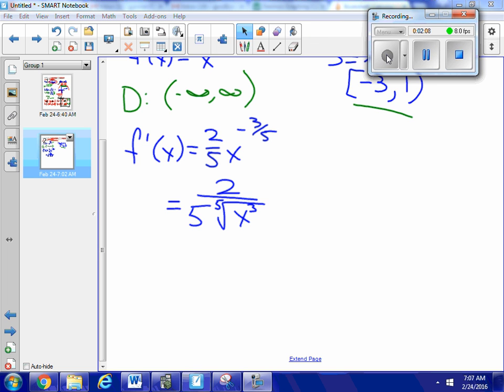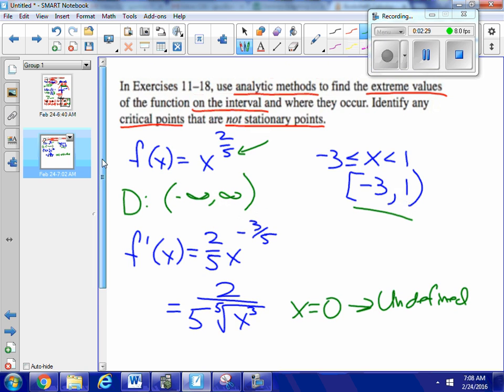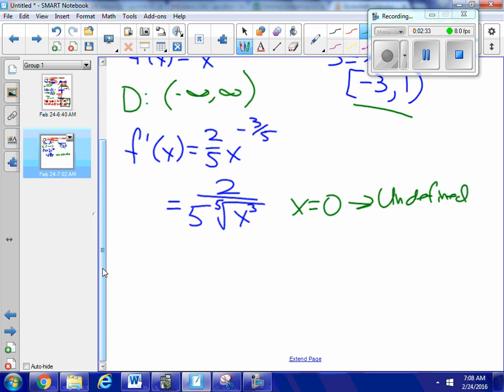So if I'm looking at the denominator here, if x equals 0, the derivative is going to be undefined. The function up here would be fine if x equals 0, but the derivative is undefined at 0.